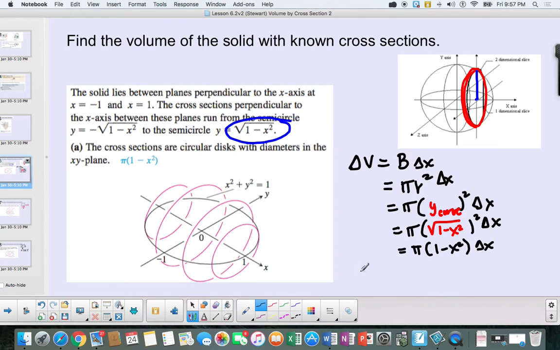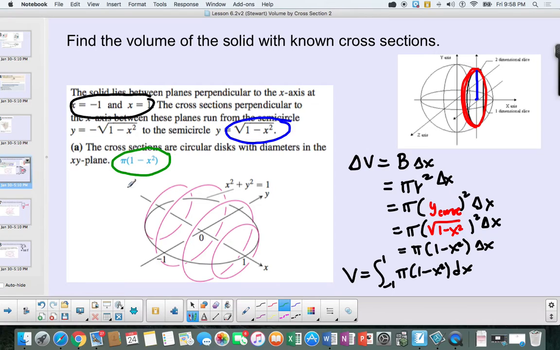Okay, now to find the volume, I'm just going to take my integrand right here, and I am going to integrate, and it says where to integrate here, from -1 to 1. And right here is an example of the area of the base, and that is shared right over here.